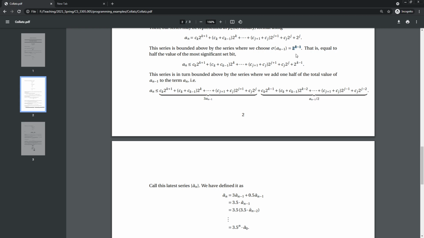Here we're only adding one non-zero value, and it's equal to half the most significant bit divided by 2. But this value is itself bounded above by this value.